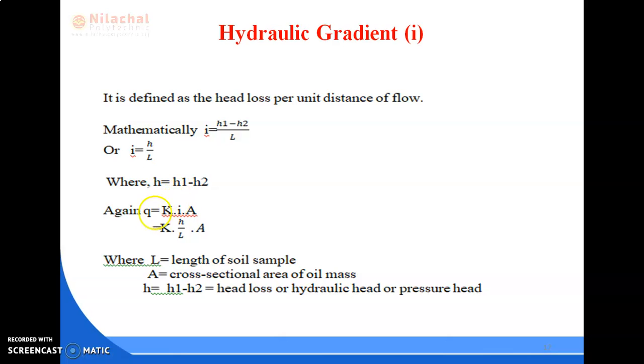Again, as already discussed in the previous lecture, discharge Q equals K i A. In place of i, we can write K into h by L into A, where L is the length of the soil sample, A is the cross sectional area of the soil mass, and h equals h1 minus h2, the head loss, hydraulic head or pressure head.